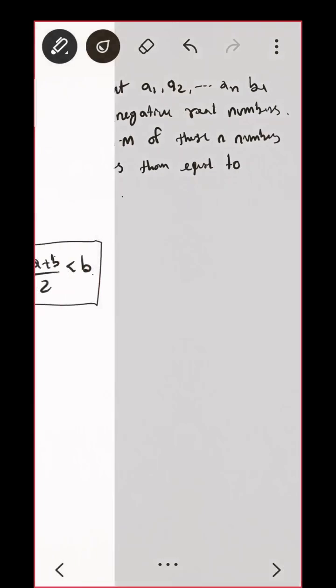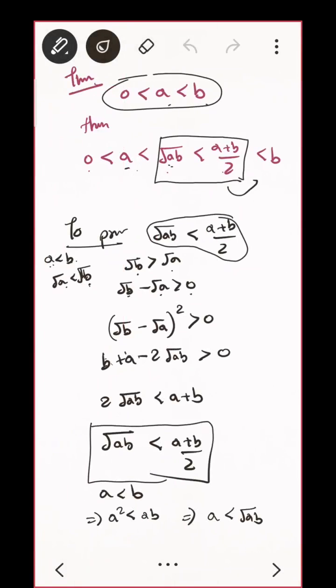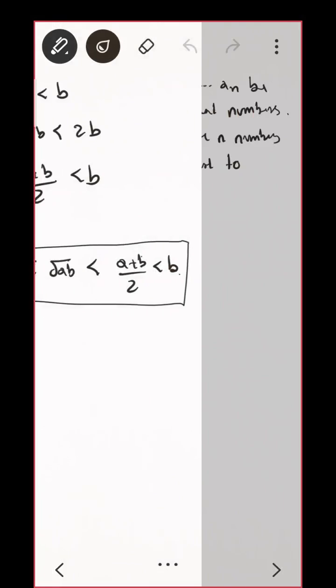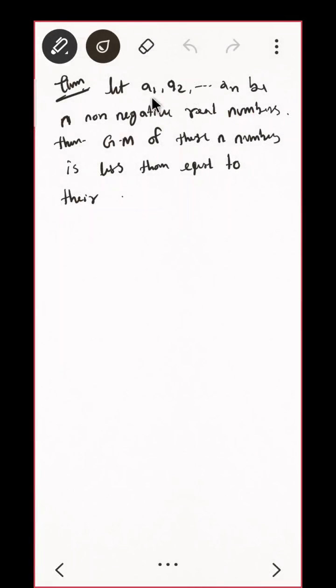See, here why did I not take less than or equal to? Can anyone tell me why in this whole proof I didn't put less than or equal to? Perfect, very nice. I have taken here that a and b are strictly less than. In this case, I am just taking a and b, and the numbers can be the same also, correct? I am not saying that they are strictly less than or anything like that. Okay.